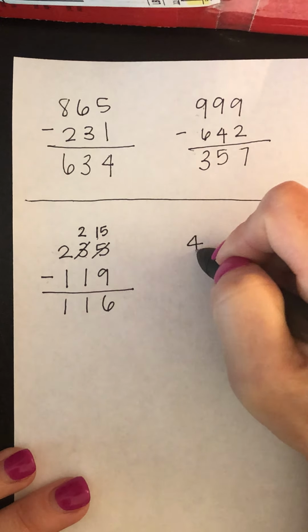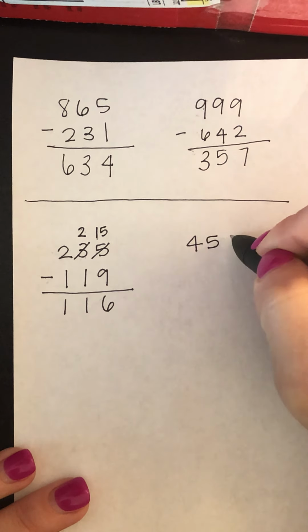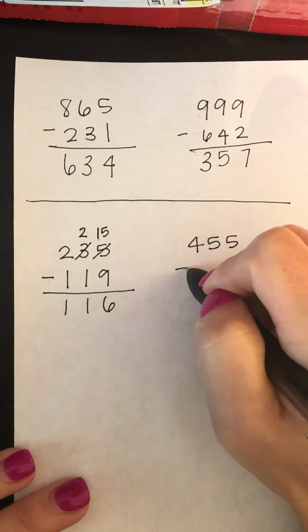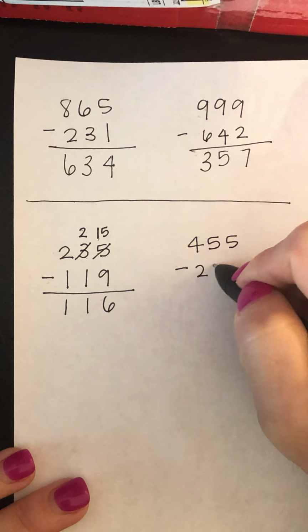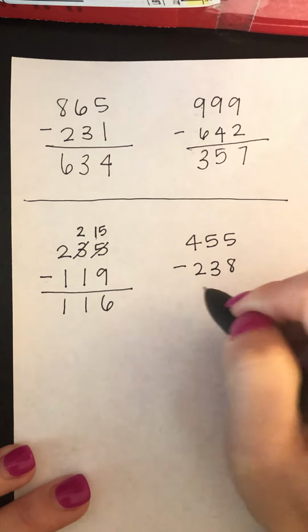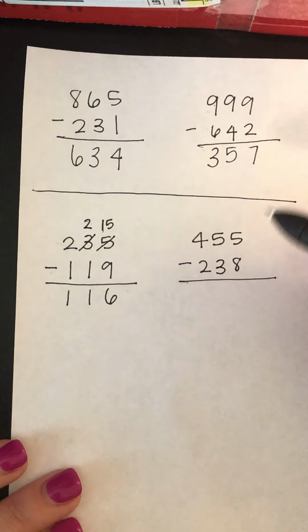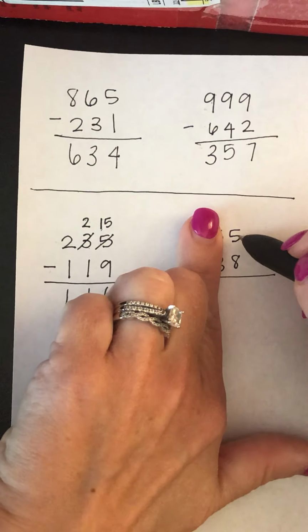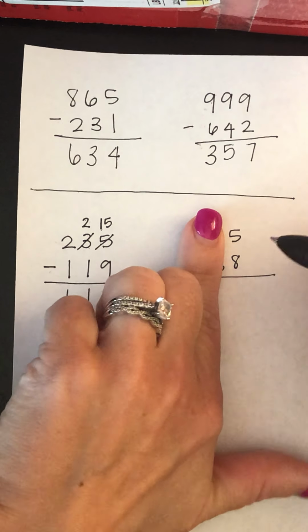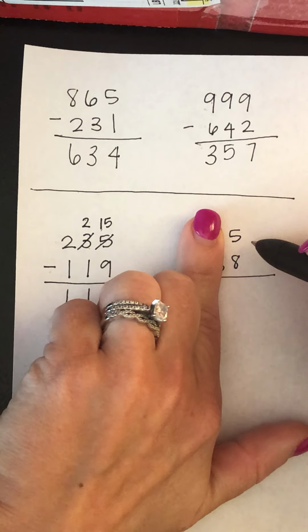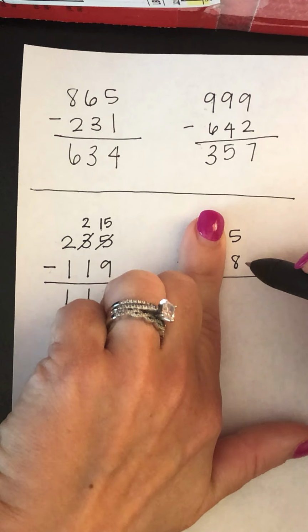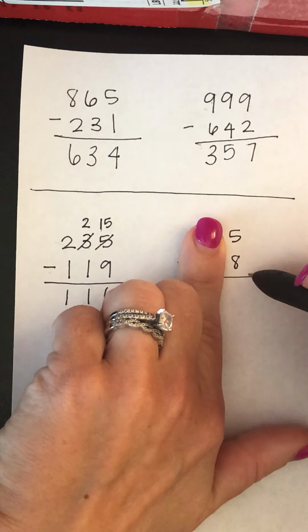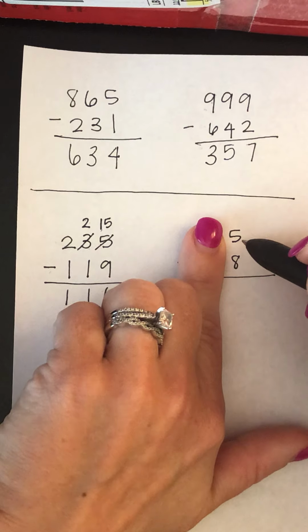Let's do 455 minus 238. We always start in the ones place, and we have 5 minus 8. Hold up 5 fingers. Now try to take away 8. Can you do that? No, you don't have enough fingers.